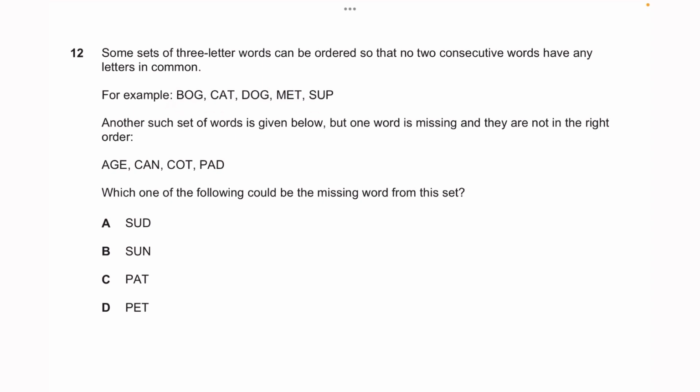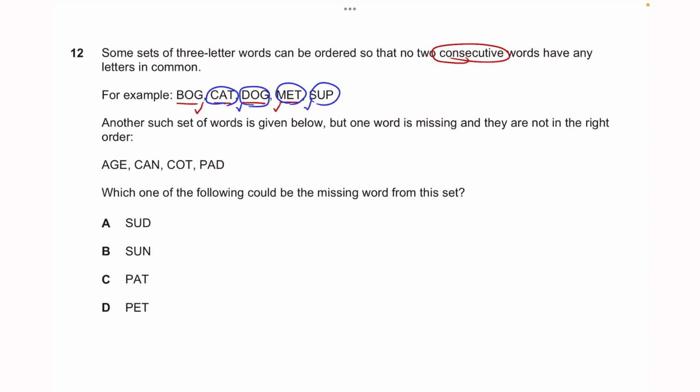All 5 of these words are 3 letters each, and you'll notice that consecutive, which means right next to each other, bog and cat don't have any repeating letters in between, so this works. Then cat and dog, none of them repeat, so that works as well. Then we go from dog to met. There are no repeating letters, so that works. And finally, with met and sup, none of them are repeating, so that works as well.